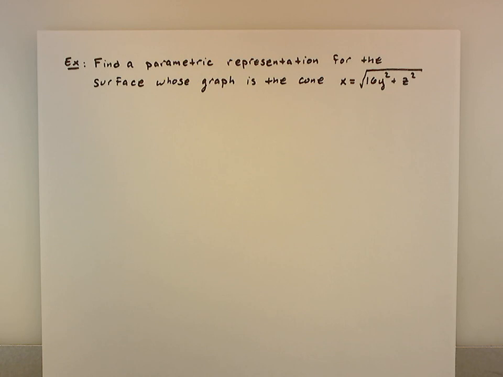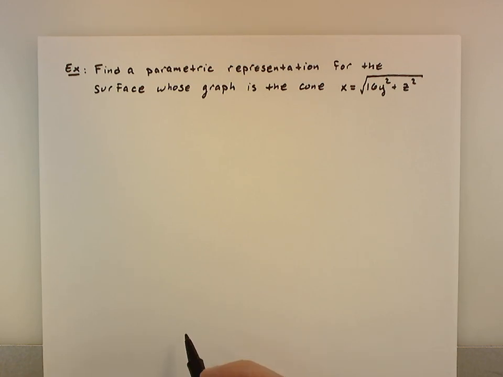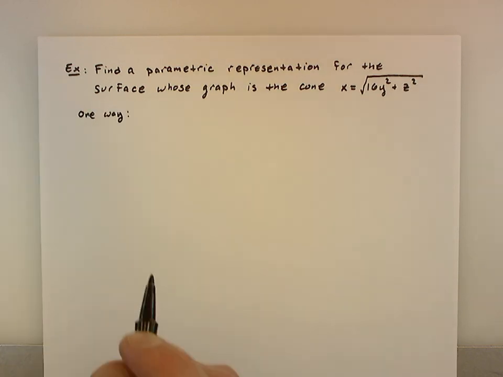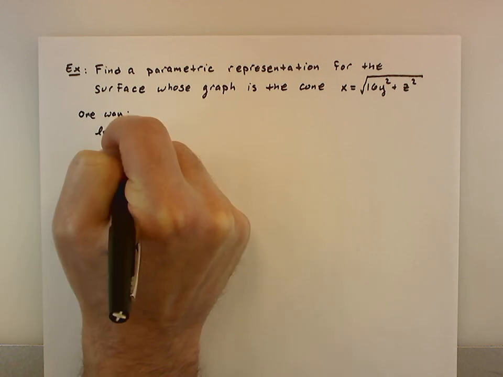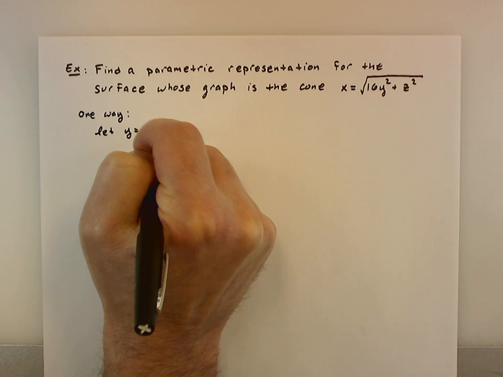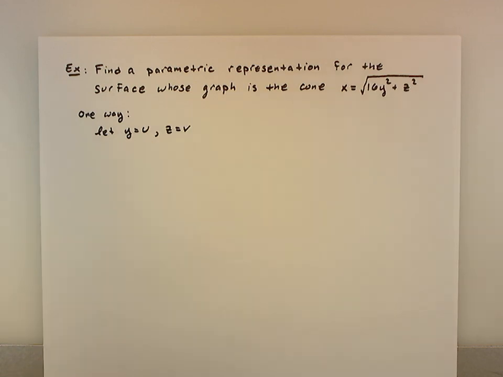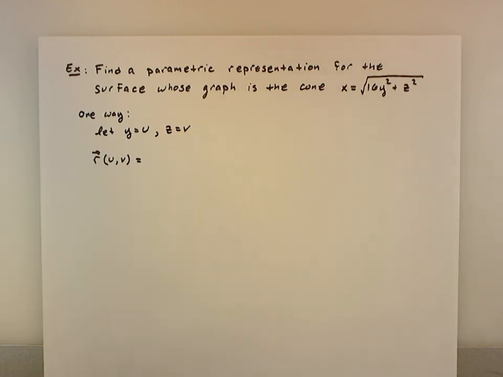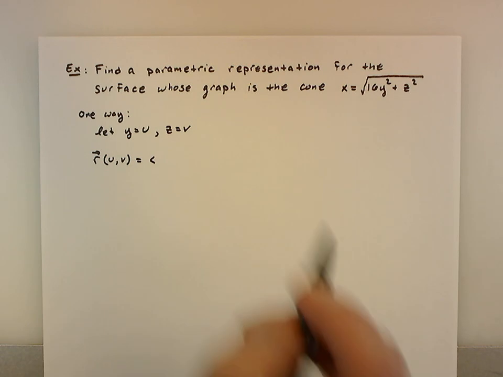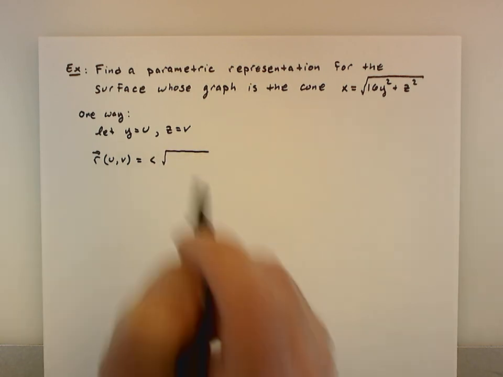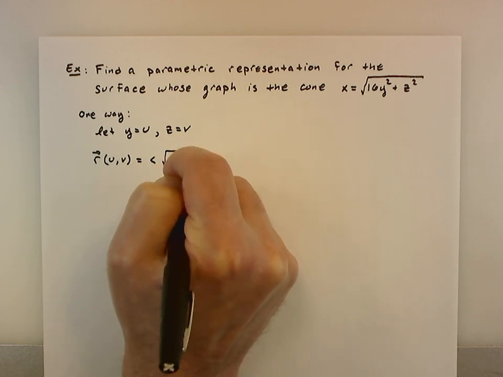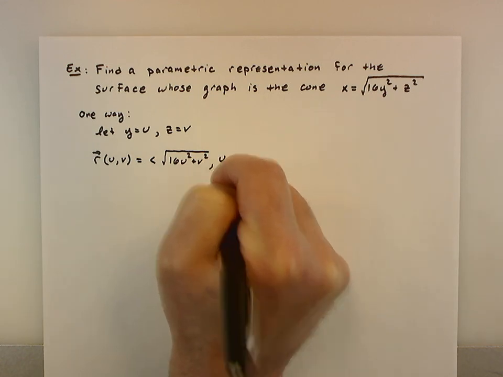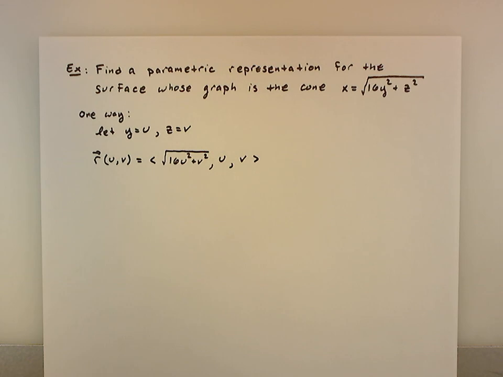So one way is if I let y is equal to u and z equals v, then r of uv can be written as the square root of 16u squared plus v squared. Y is u and z is v.